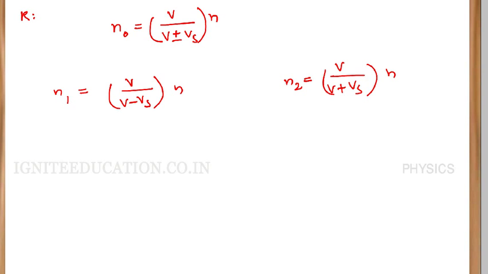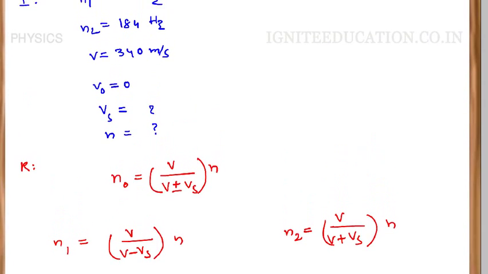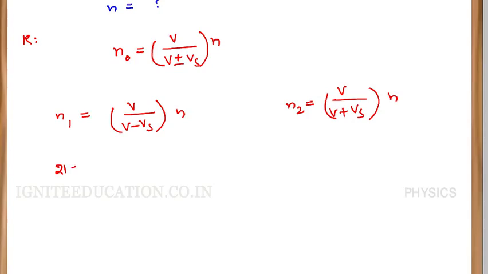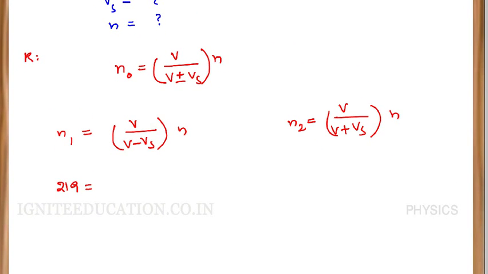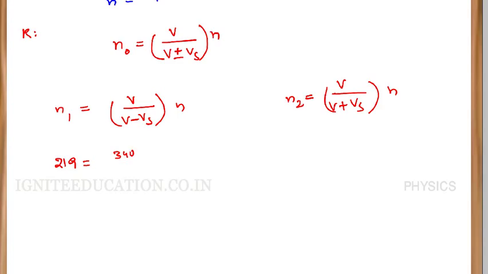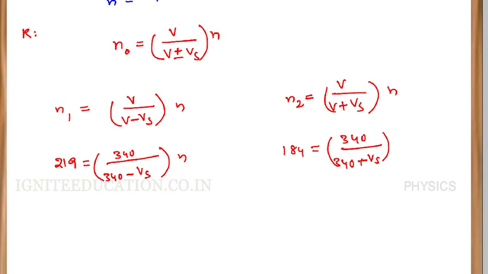Now I am going to substitute the given values. n1 is 219 is equal to v, 340 meter per second, so 340 by 340 minus vs, which we need to find out, into n. And here 184 is equal to 340 divided by 340 plus vs into n.